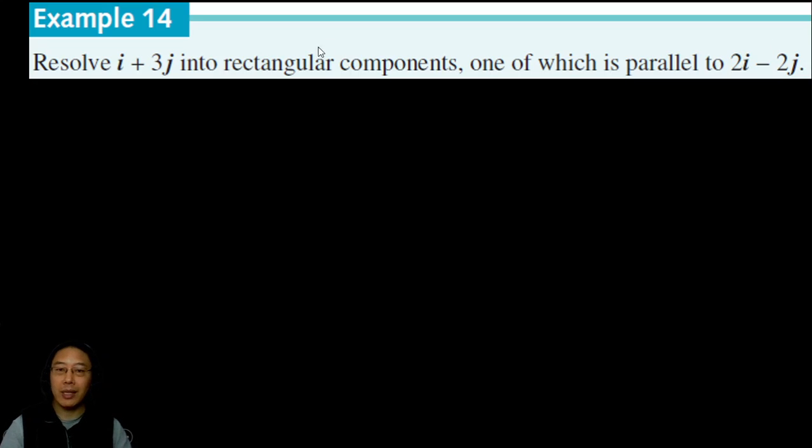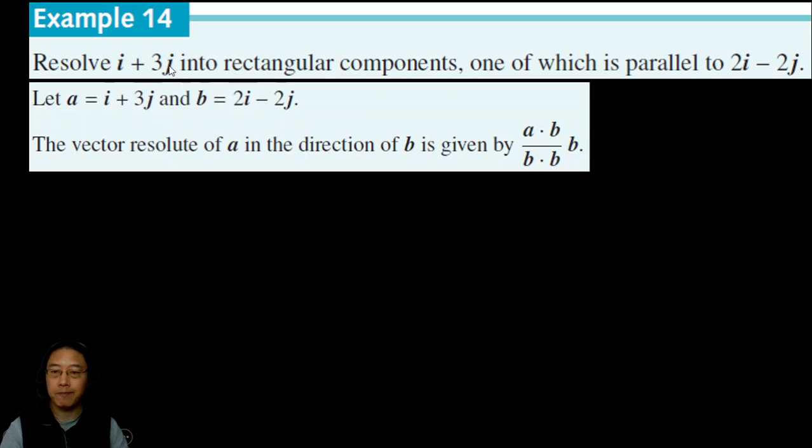So because it is asking you for your rectangular components, you need to find your vectors U and W as well, the sum of which will be equivalent to vector A. So annotate, label the vectors, find your vector resolute of A in the direction of B. You use this formula. It is critical you get that correct, so always double check that you get that correctly.